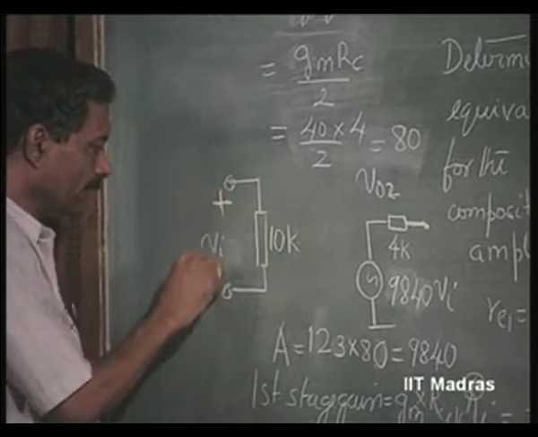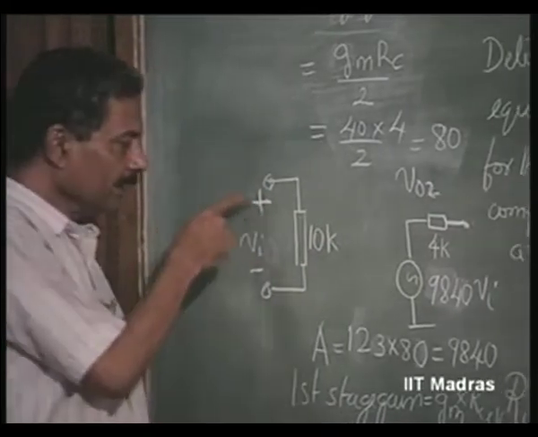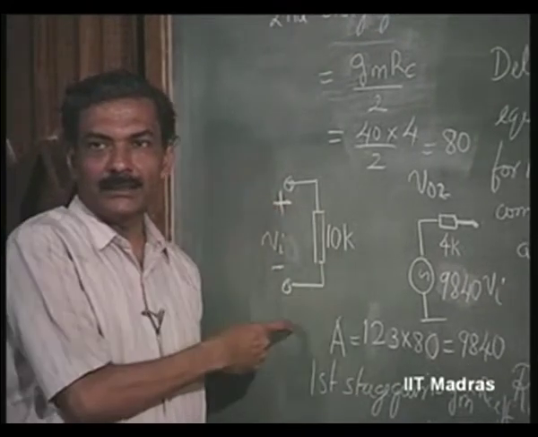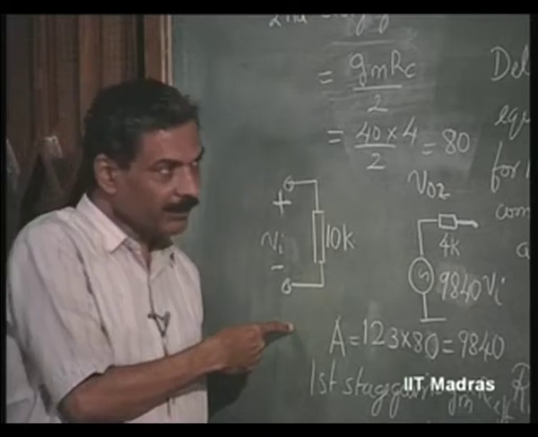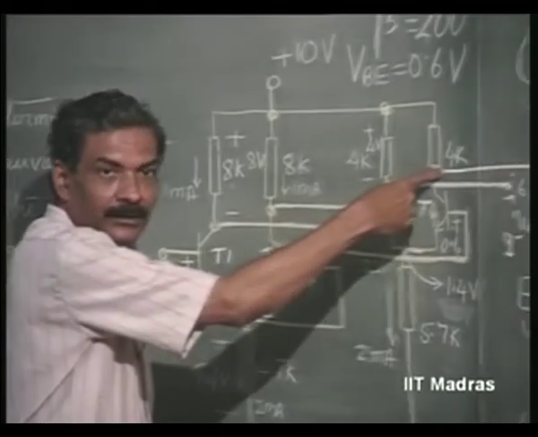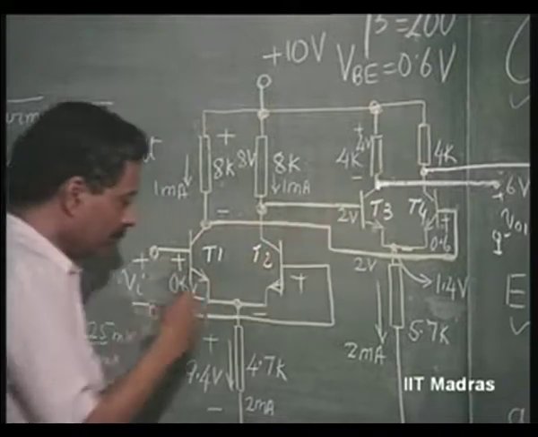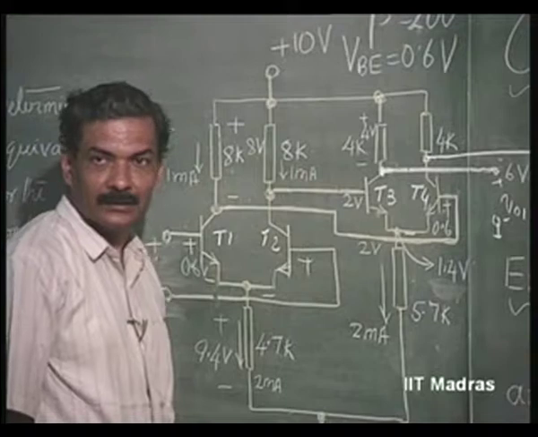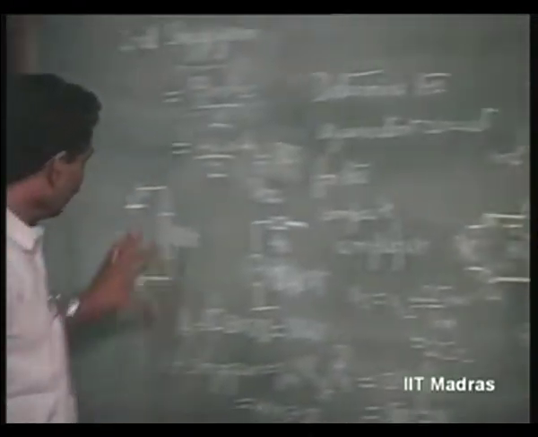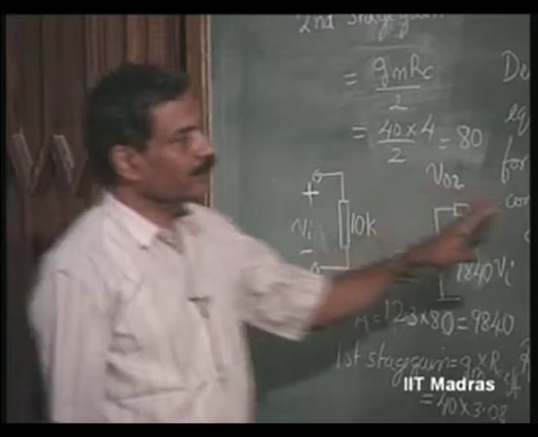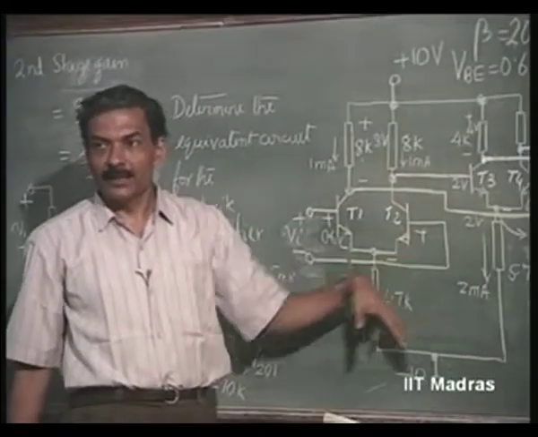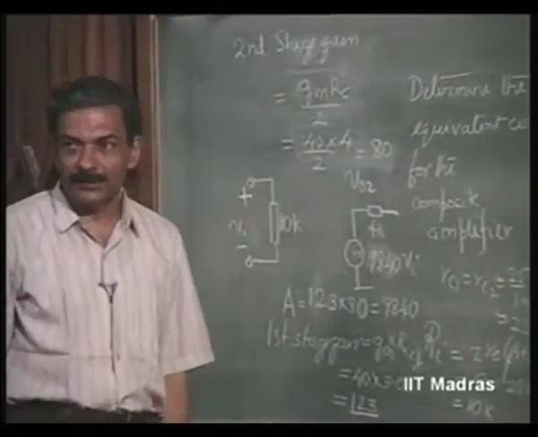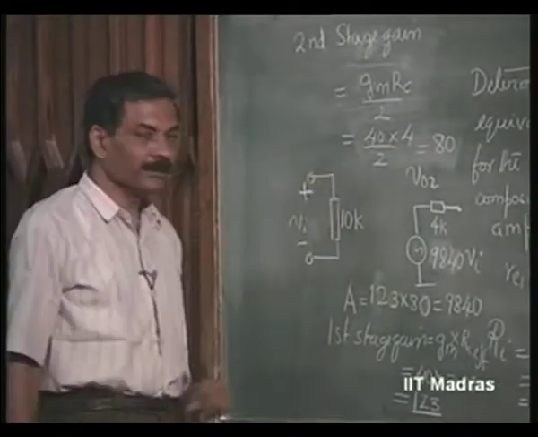Then the mark, what is marked here, what does it mean? This is what is called as the non-inverting terminal. This is called inverting terminal. What does it mean? From here to here, there is no phase shift. From here to here, there is a phase shift of 180 degrees. So, this is how you can mark the terminal of this so-called cascaded amplifier. Now, I can forget about this entire circuit and use only this.